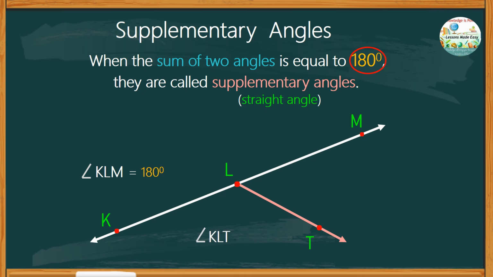Angle KLT is the supplement of angle MLT. If the measurement of angle KLT is 110 degrees, what would be the size of the angle MLT? If these two angles together make 180 degrees, subtracted by 110, therefore the remaining angle is 70 degrees.